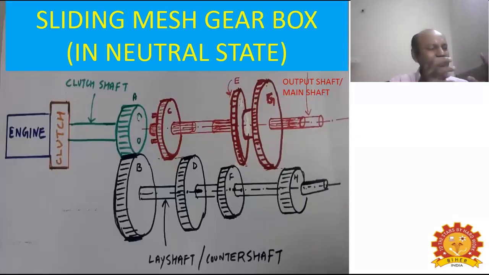It will get a tight connection with gear A. So these two gears, A gear and C gear, are in direct contact now. In the top speed, C gear is moved to the left side. This is the A gear. It gets locked with the projections into the hole slots available in the A gear. So it gets locked.